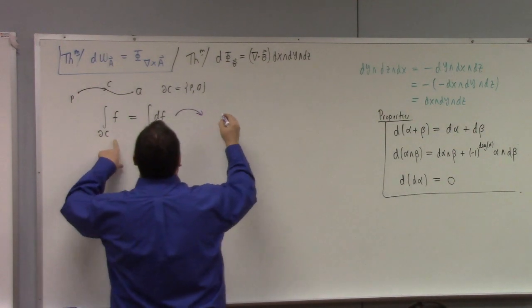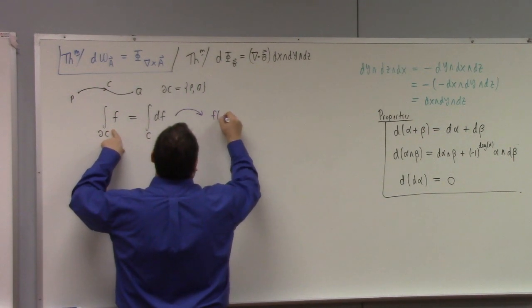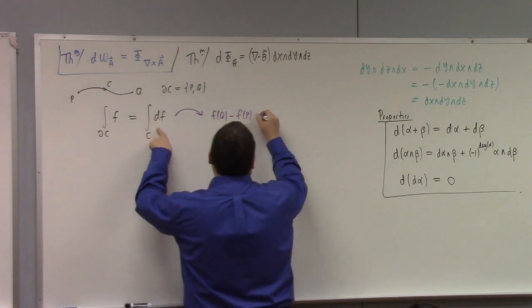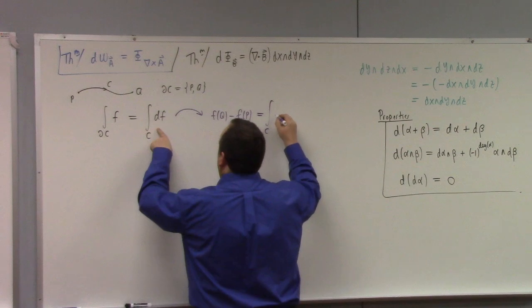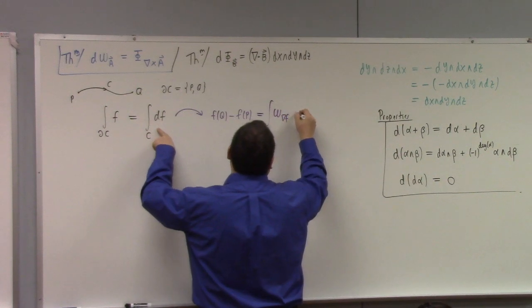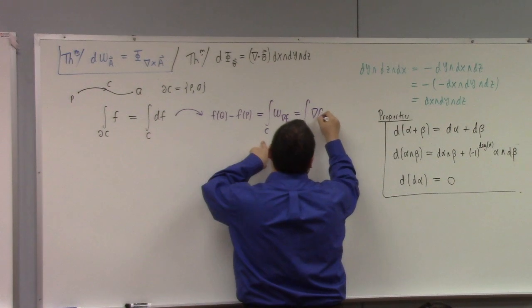So what this would mean is f of q minus f of p. And this is the integral over the curve of df, which, remember, is omega of the gradient of f, which is then, if you believe my definition, the line integral of the gradient.